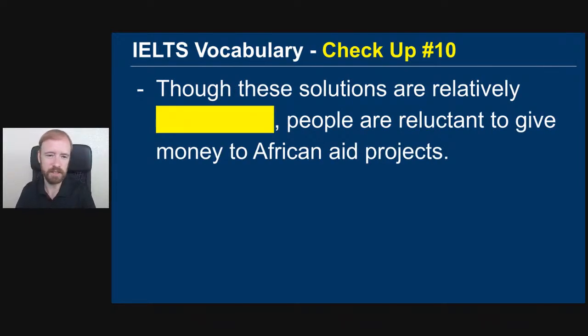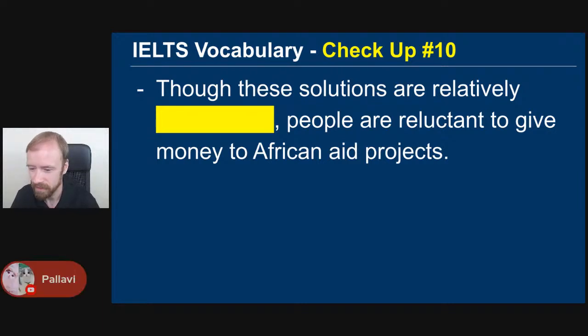And number 10, the last one. This is a difficult one. Though these solutions are relatively blank, people are reluctant to give money to African aid projects. Good luck. What does that mean?